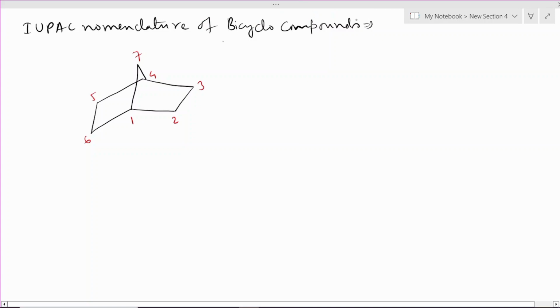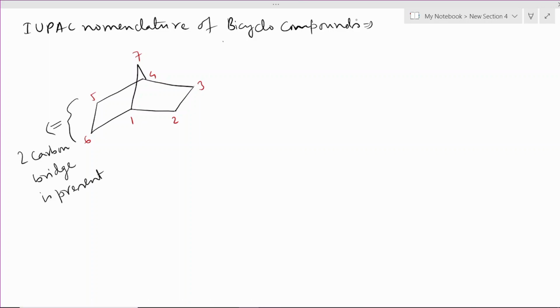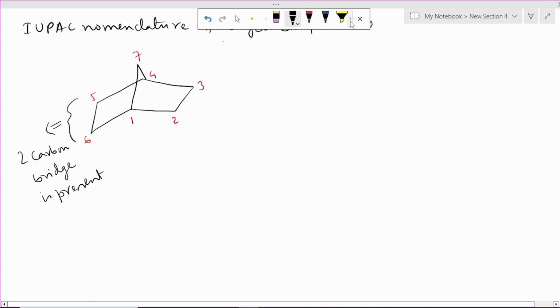Then we have to check the number of carbon bridges present on either side. So here you can see that on this side 2 carbon bridge is present because it is 1 and it is 2.